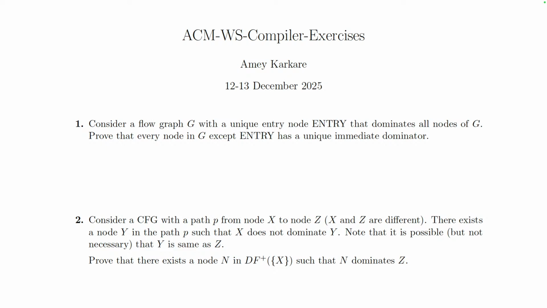How? We know somewhere there exists a y which is not dominated by x. So what is the predecessor of y? Is it dominated by x? If not, then we keep moving backward. Finally, x is dominated by itself.